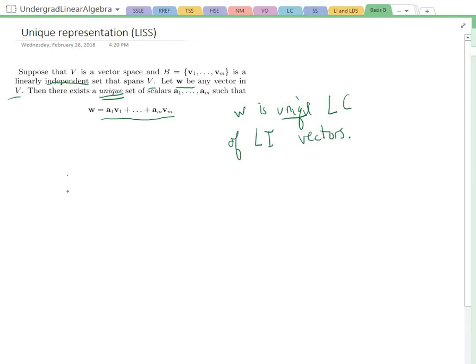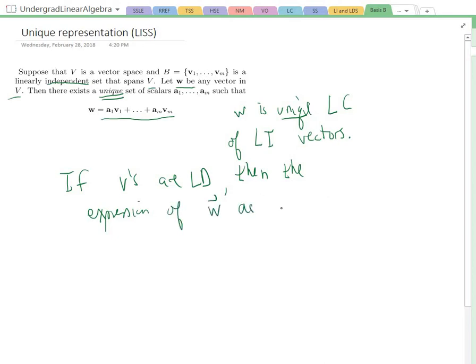So if the v's are linearly dependent, then the expression of W as a linear combination of v's is not unique.